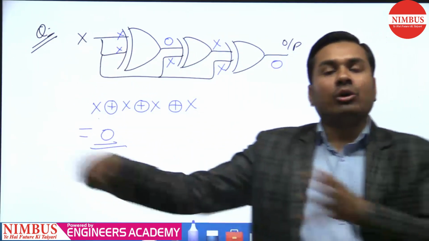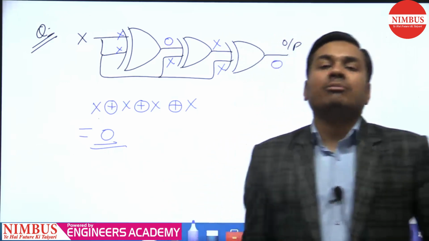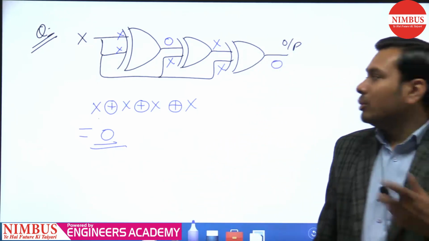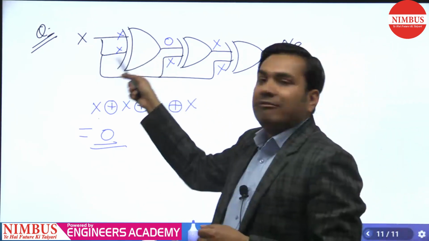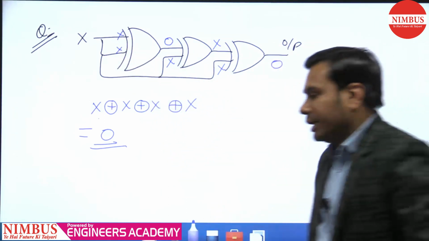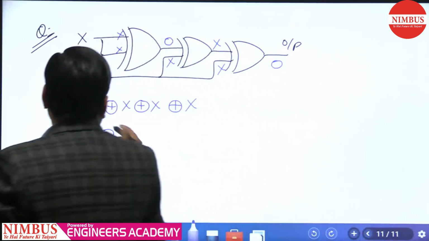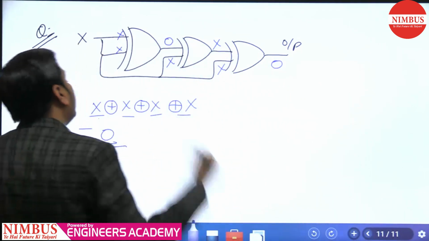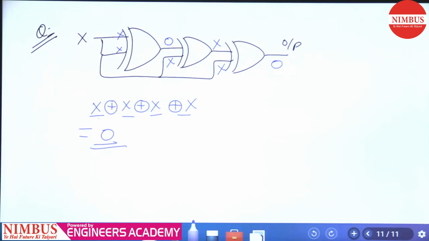If we are having 4 gates, then the number of inputs is 5, right? Because for the first gate we are having 2 inputs, and for the rest of the gates we are applying a single input each. So for this question we are directly having 4 inputs, that means the output is at logic 0.